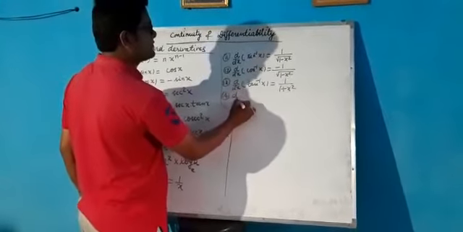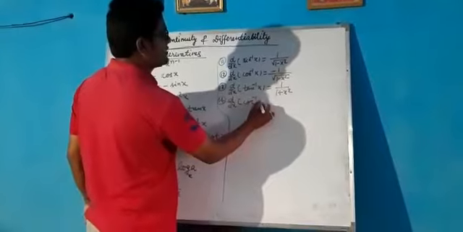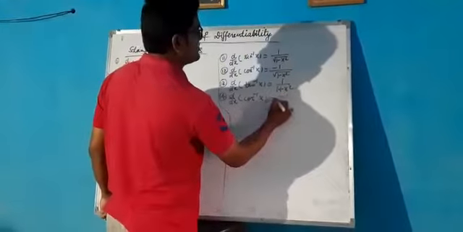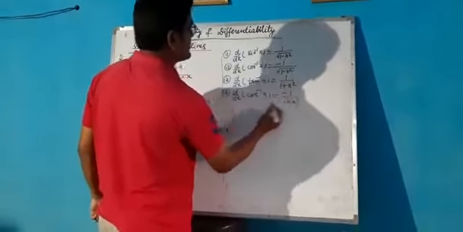Derivative of cot inverse of x is equal to minus 1 by 1 plus x square.